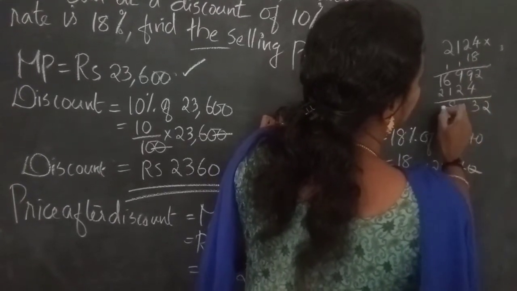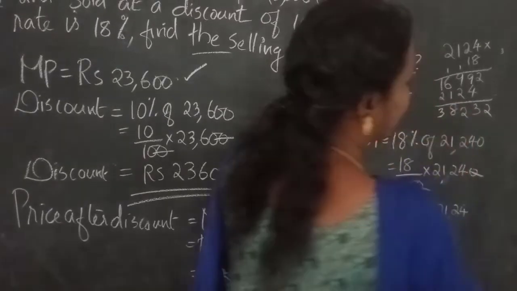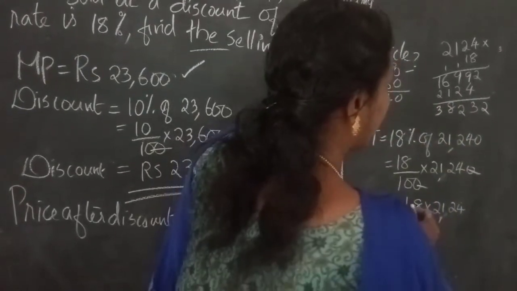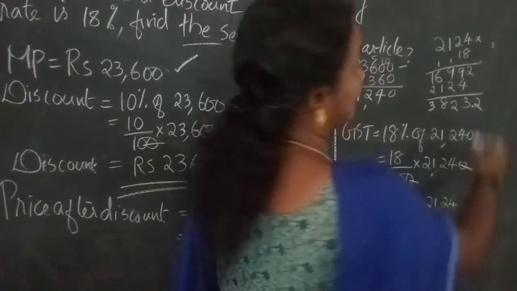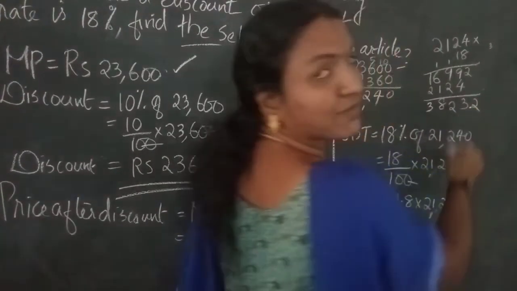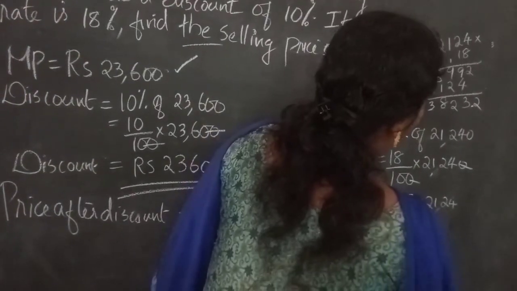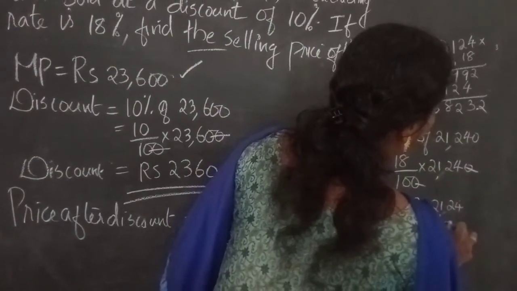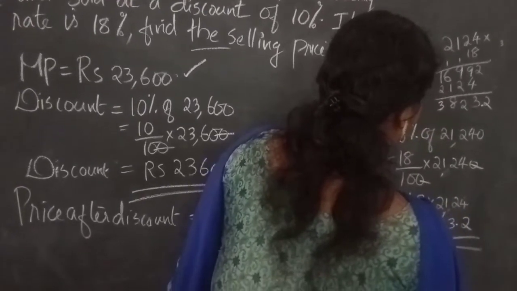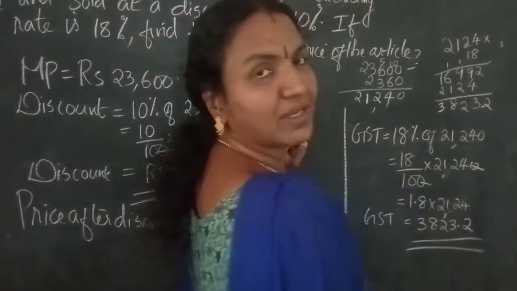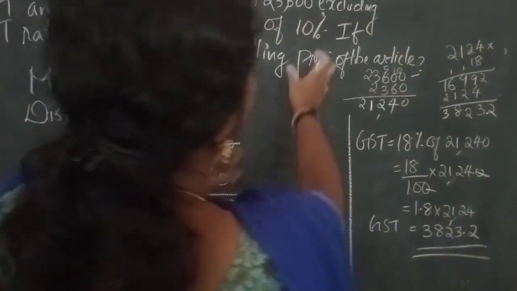Here 3 plus 1, 2 plus 1, 3. Here 1 decimal, so put one digit from the right. So 3,823.2. The GST is 3,823.2.